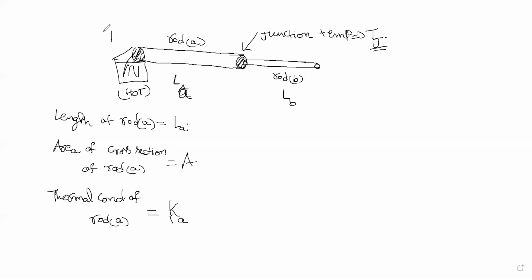We assume that this is T, the junction temperature is Tj, and the cold end is at T0. This is the hot end temperature, and this is the cold end temperature.